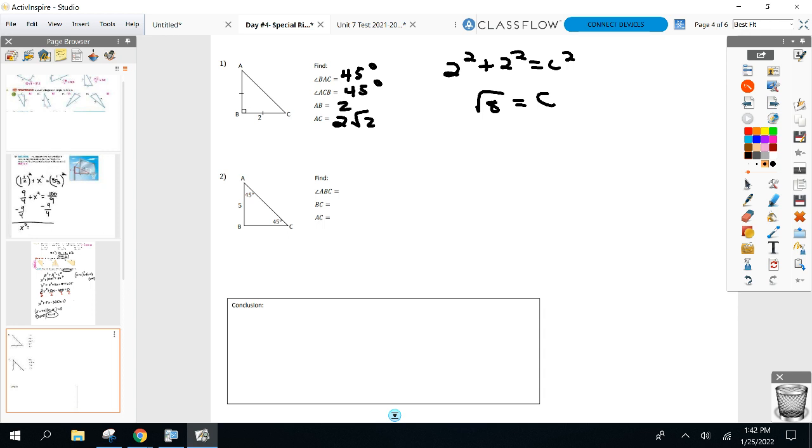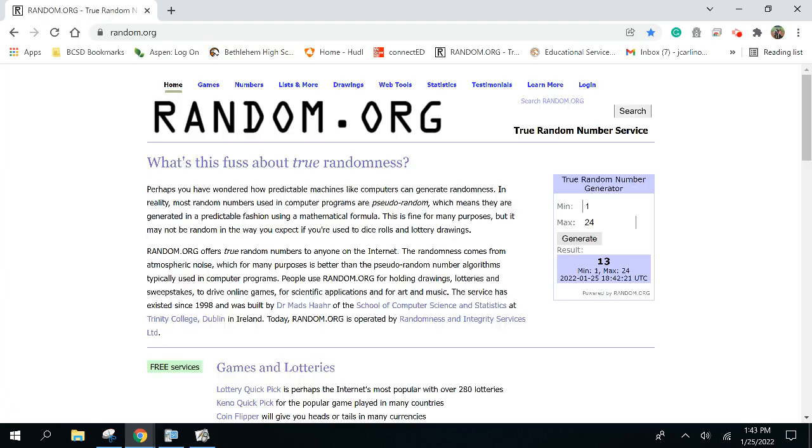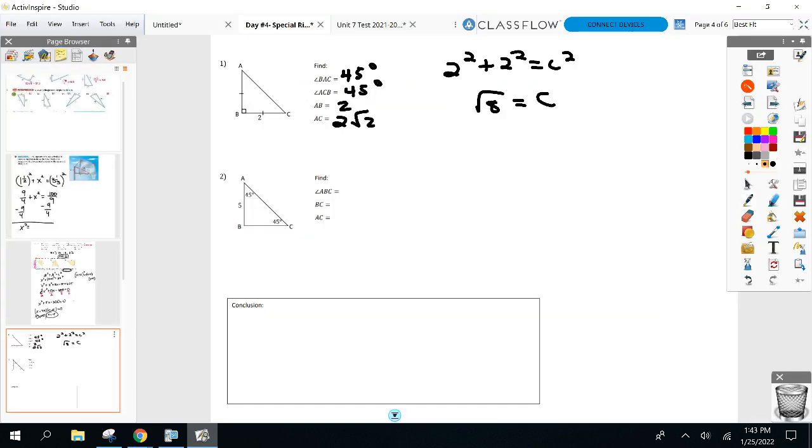Number 2. Angle ABC in that one. Angle ABC is 90 degrees.